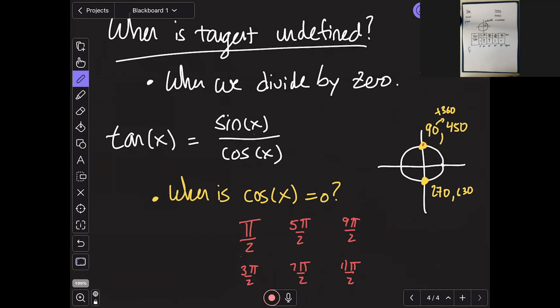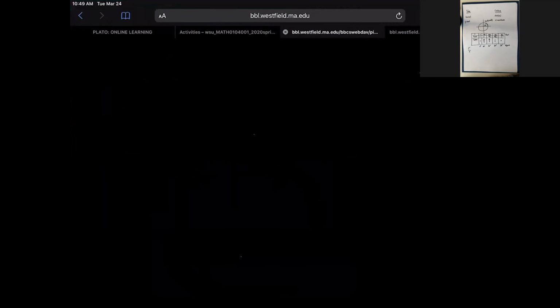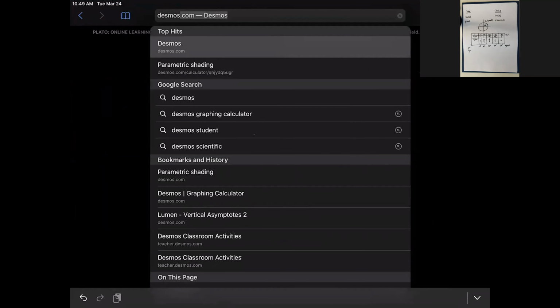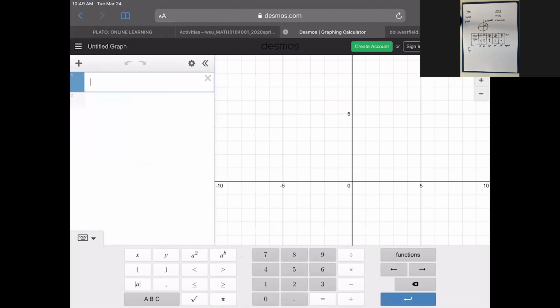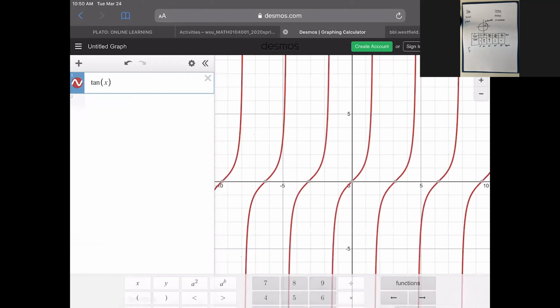Okay, so what I'm going to do here is jump into my browser and go to Desmos. Let's check this out. I want to look at the function tan x. If I look at the graph of it, it's going to look something like this.